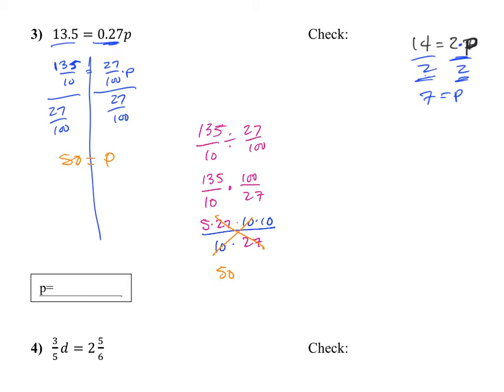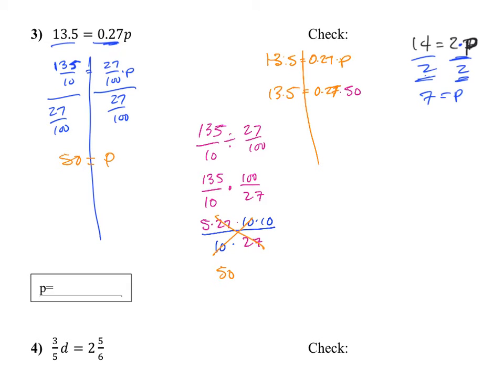So if I check it, I come over and say, well, I had 13.5 supposed to equal 0.27 times p, which means 13.5 supposed to equal 0.27 times 50. If I multiplied 0.27 by 100, I get 27. This is half of that. Half of 27 is 13.5, but I can just do the math.